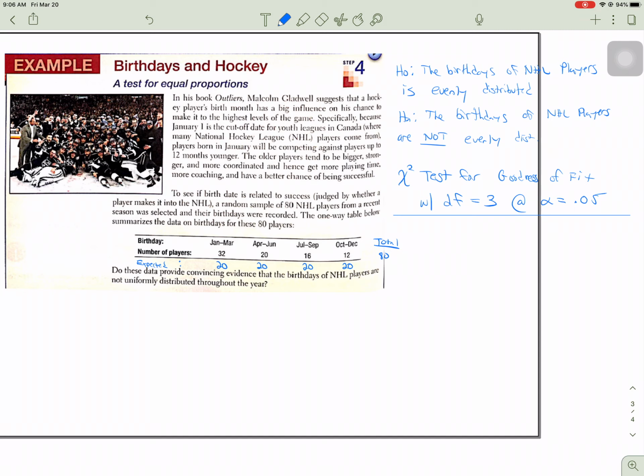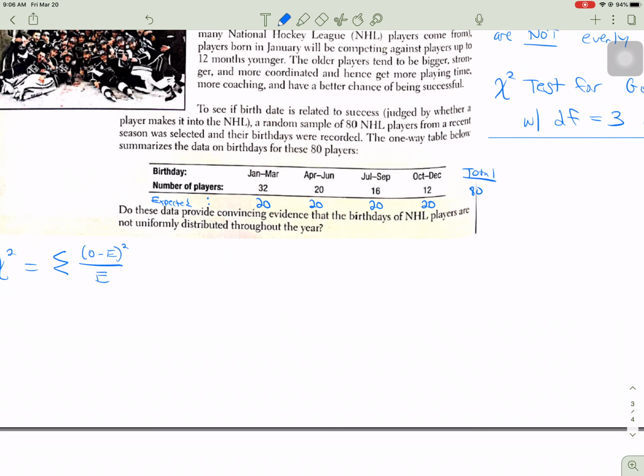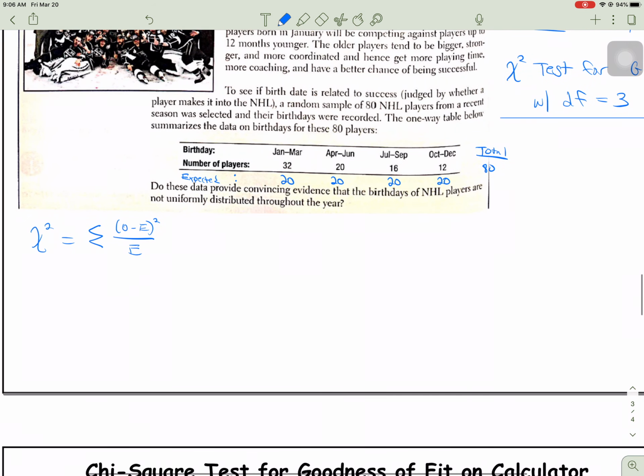Now, I have to get the chi-square test statistic next to be able to use chi-square CDF to calculate the p-value. So I'm going to do that down here. Chi-square equals the sum of the observed minus expected squared over expected. So let's do that. This can be a little lengthy. So we get observed.